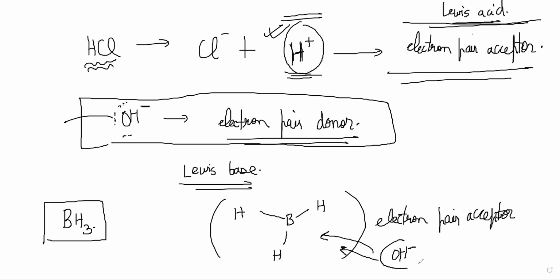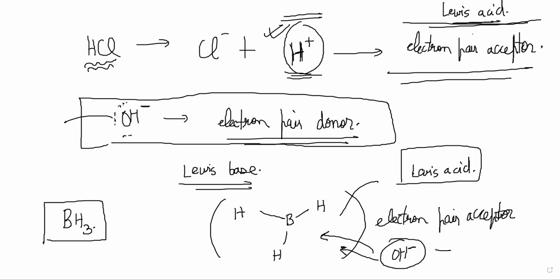So definitely it will react with OH minus, right? So this is a Lewis acid, and OH minus will be the Lewis base. Okay, so let's see the examples that he's talking about. NH3, for example, ammonia.